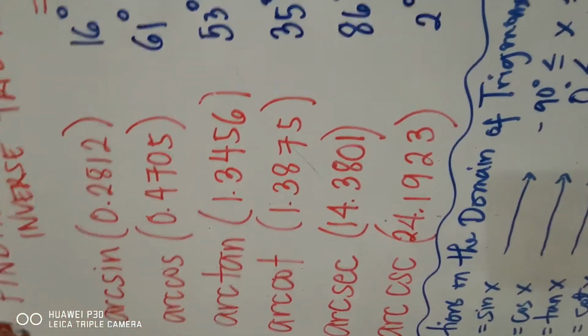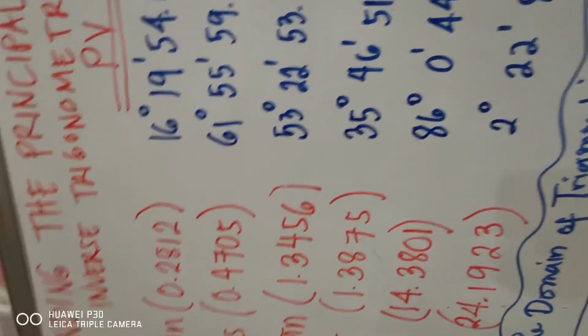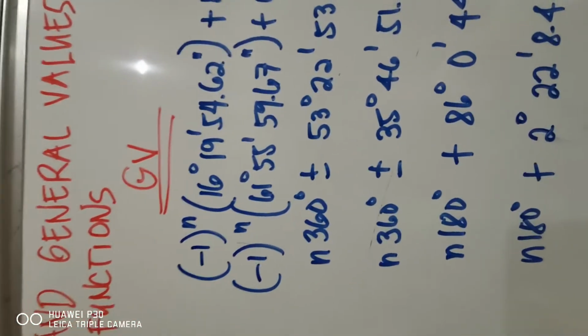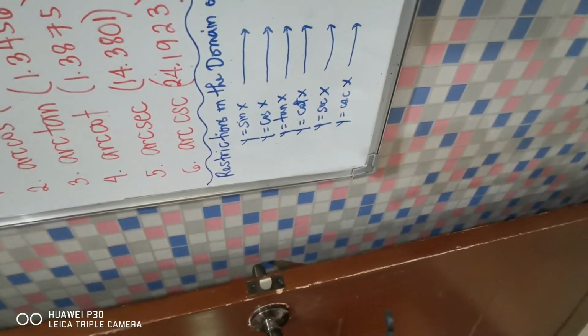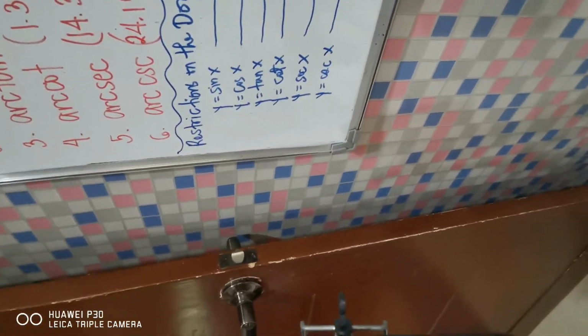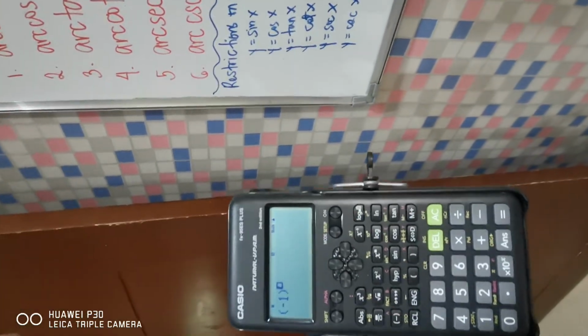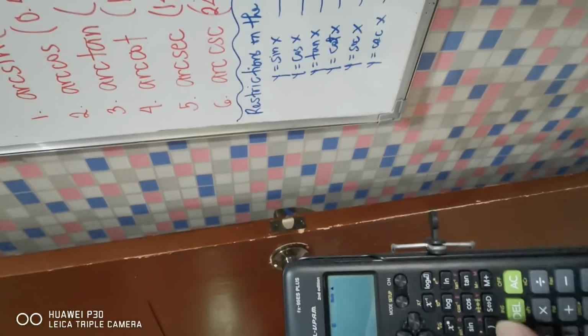So let's try now. Proceed to the second function. Let's start with the cosine function. With the cosine function, let's say n is 3. Just follow how it is written. Open parenthesis, -1, close, then x to the, what's your n? It's 3.